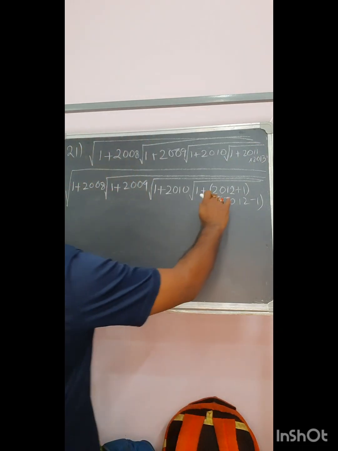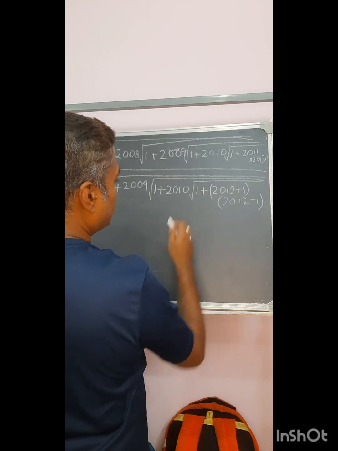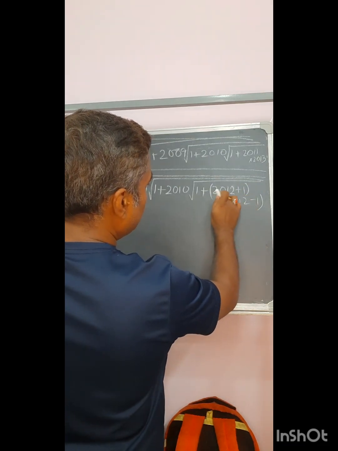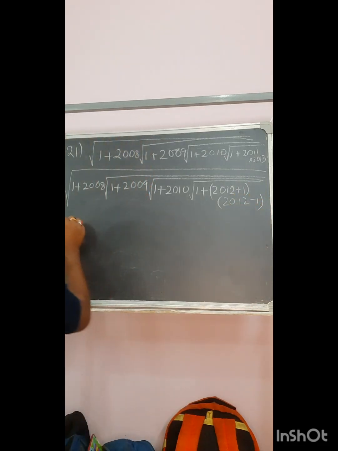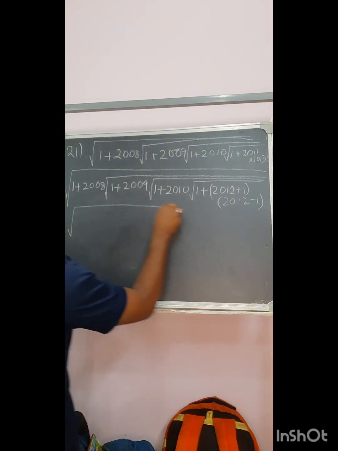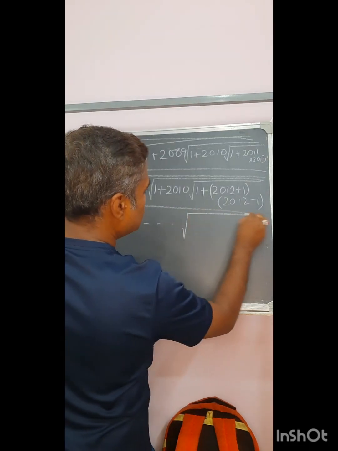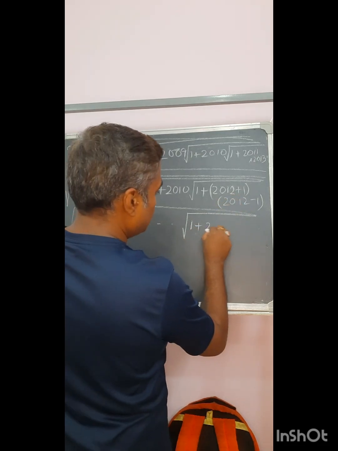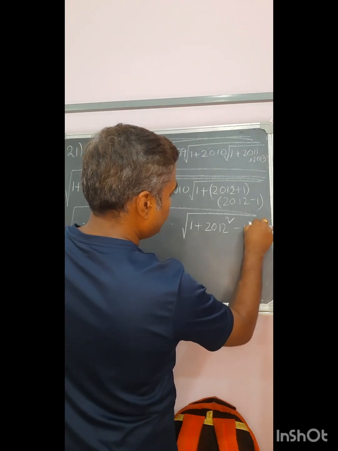This is one of the tricks that will eliminate the bracket. How? Because (a plus b) times (a minus b) gives you a square minus b square. So I don't want to write it again and again. Rather, I want to go to the last where I started calculating the terms. So this will be 2012 square minus 1 square.